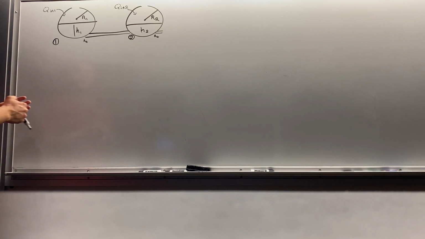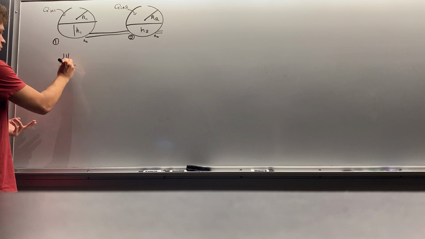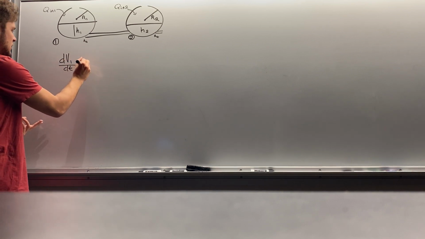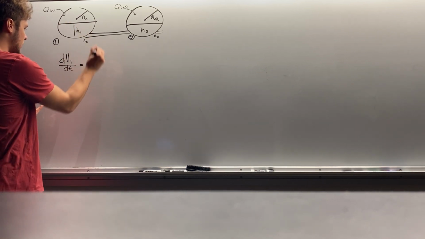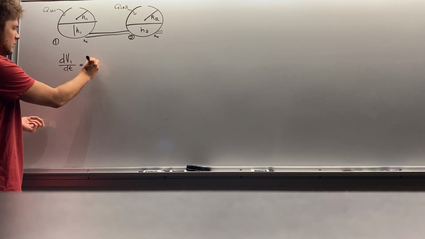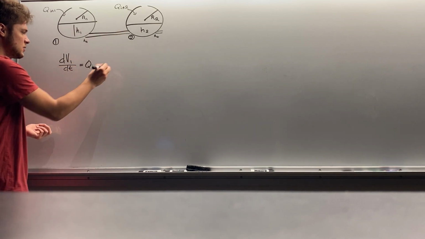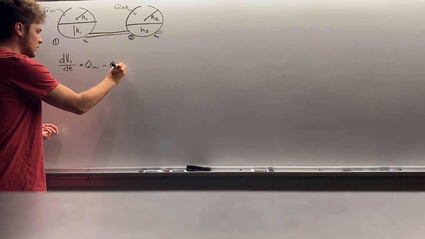So if we want to just look at the change in volume of each tank, our change in volume of tank 1 over time is going to be equal to the flow coming in minus the flow coming out. So Q in 1 minus the flow going from tank 1 to 2, so Q1,2.